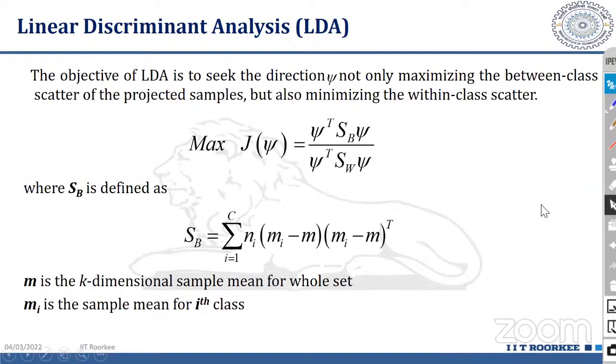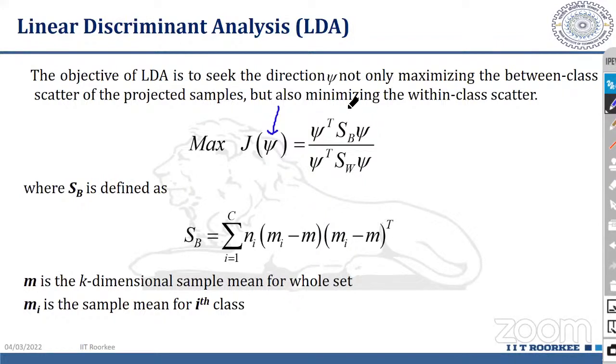Now you are comfortable with all the notation. Mathematically speaking, we are finding the direction, and that direction means the eigenvector. I am writing whatever I talked about just now as a mathematical optimization function. We are trying to maximize: for the largest eigenvalue, you are finding the eigenvector.